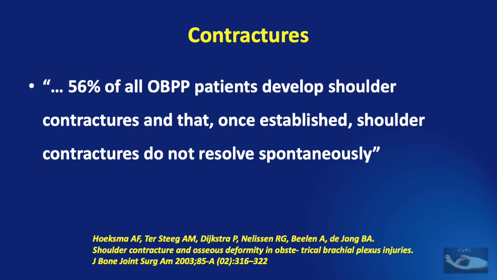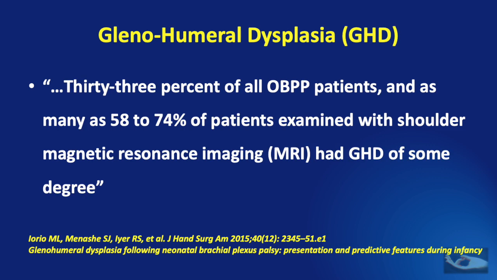A study showed that 56% of all birth brachial plexus palsy patients develop shoulder contractures, and that once established, shoulder contractures do not resolve spontaneously. On the other hand, 33% of all birth brachial plexus palsy patients, and as many as 58 to 74% of patients examined with shoulder MRI, had glenohumeral dysplasia of some degree.